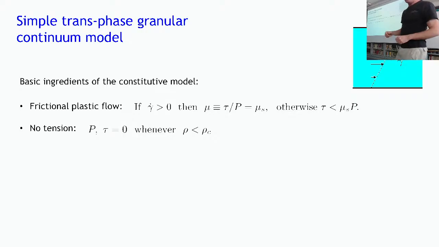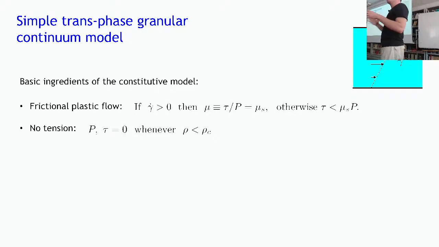And so, there's a lot of development on this topic, and there's a lot of different details that go into it, but they all kind of have one thing in common. And so I'm just going to make a model out of the most common ingredients of granular materials, and I'm going to show you what that would look like. So first of all, there's some kind of a frictional flow rule. All right, and what that says is that if you're flowing at all, then this ratio is some material constant.